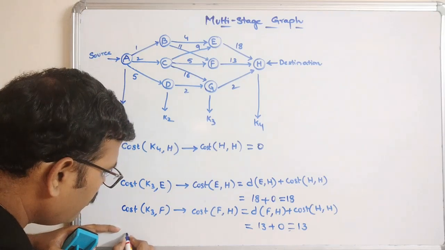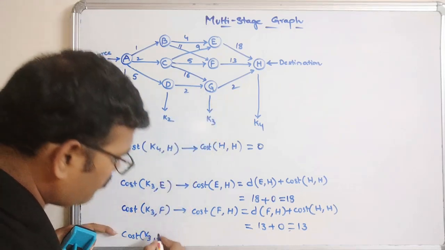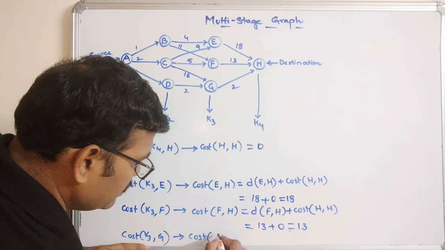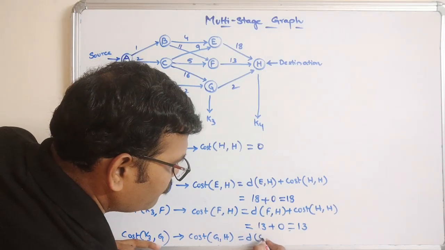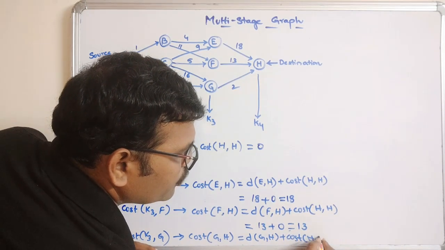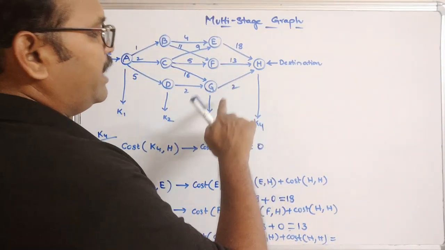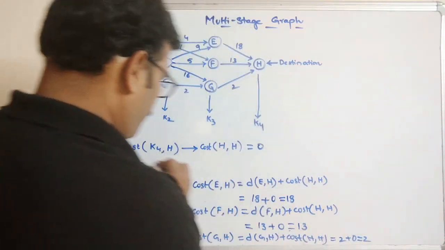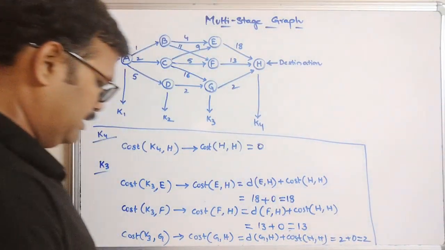Next, again we need to find out the cost of K3 comma, there is one more vertex G. So cost of G to H, which is the distance of G comma H plus cost of H to H. What is the distance of G to H? It is 2 plus 0, which is equal to 2. So we have completed K3.